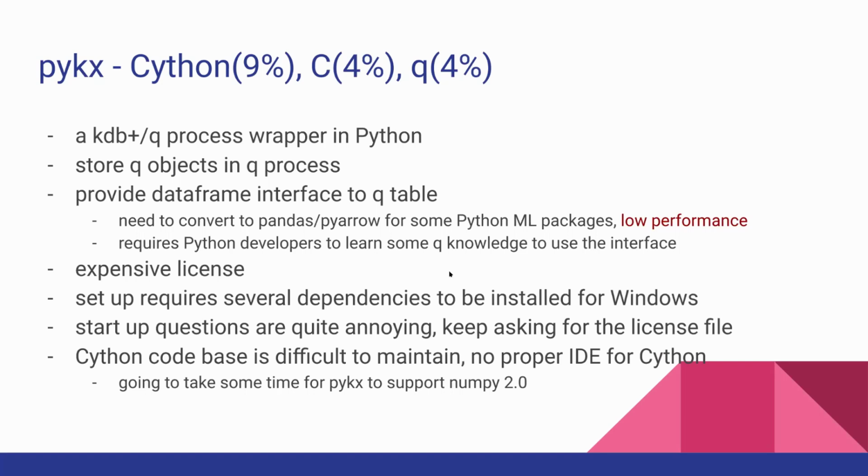Again, you need to convert the Q table to pandas or PyArrow for some Python machine learning packages. This conversion is low performance and requires Python developers to learn some Q knowledge to take full use of the features. And of course, you need to pay for the license.